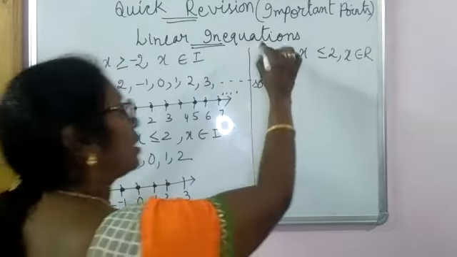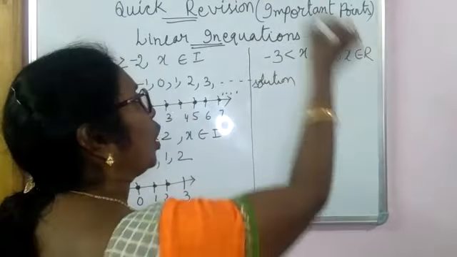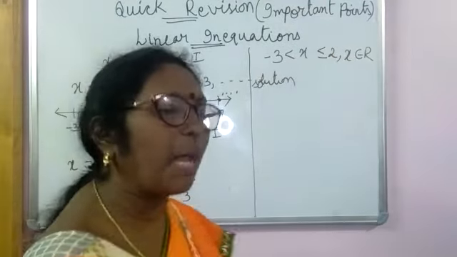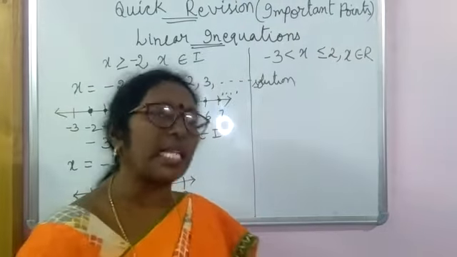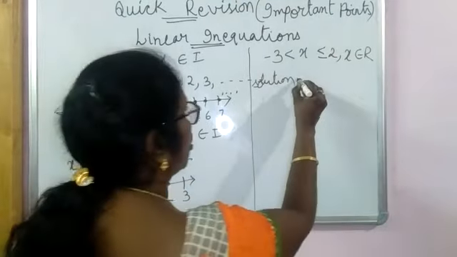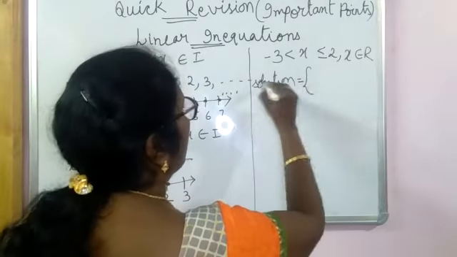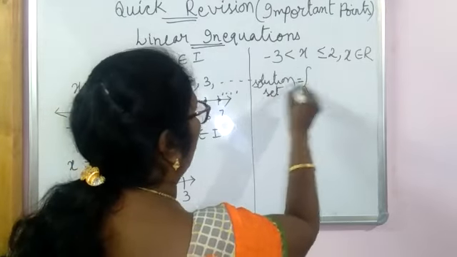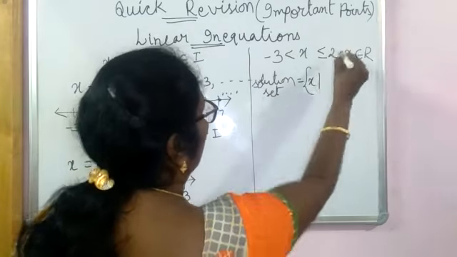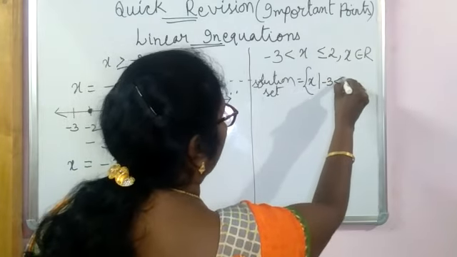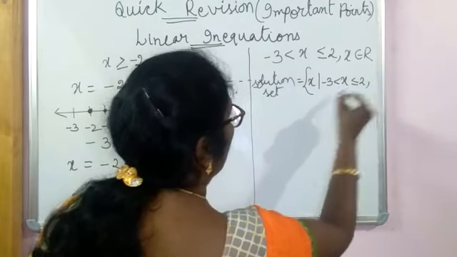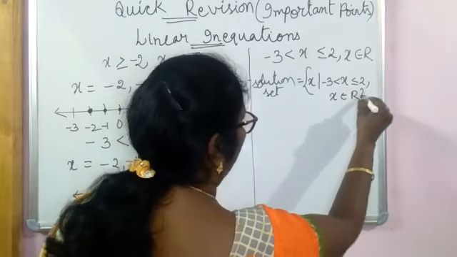That means from just above minus 3 to 2, every point on the number line is a real number. Then for that solution, you have to write in the form of set builder form. Solution set equal to x such that this combined inequation, x belongs to real numbers.